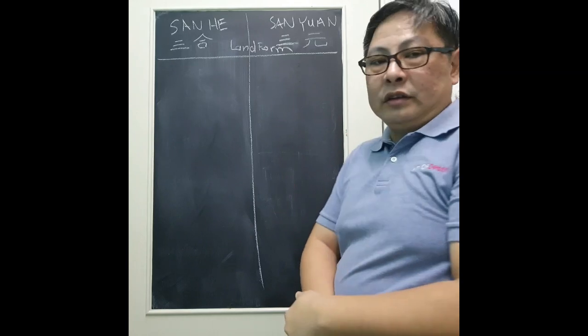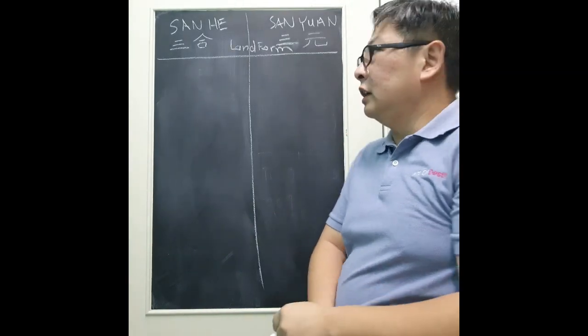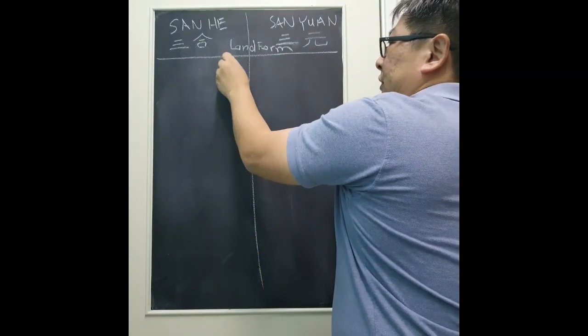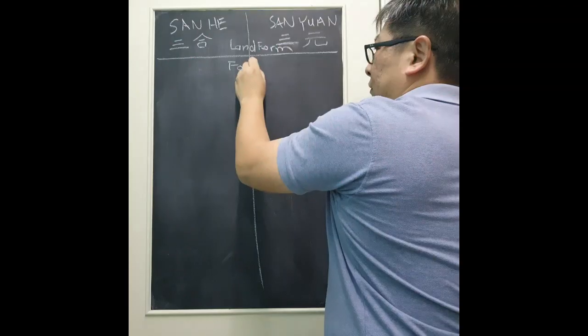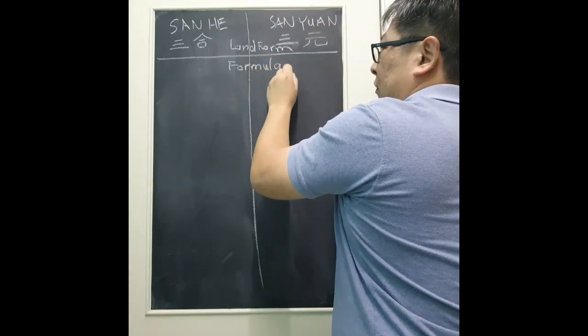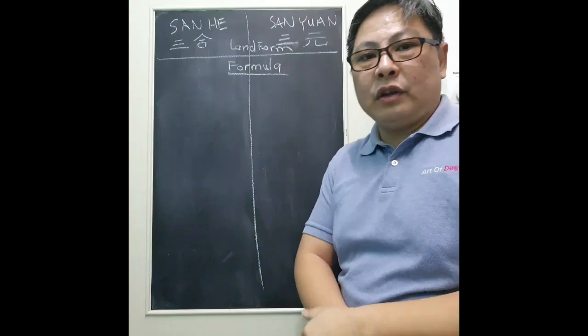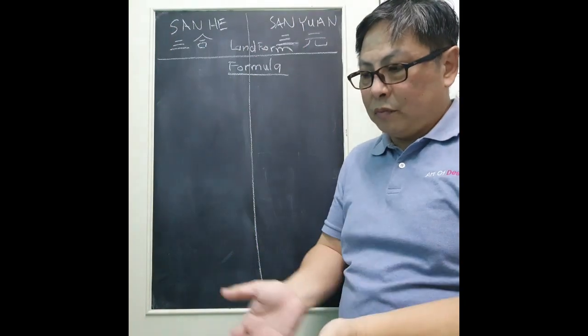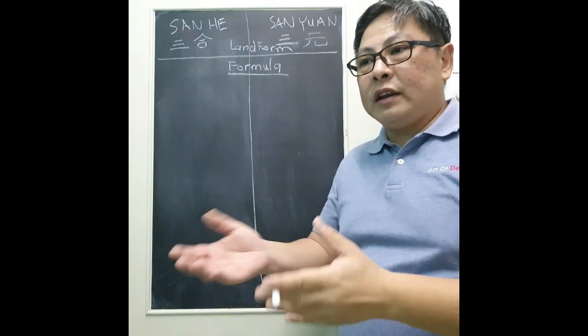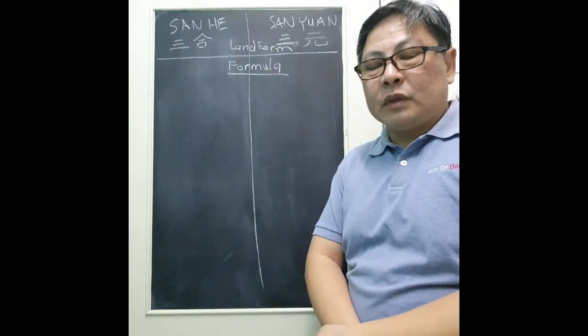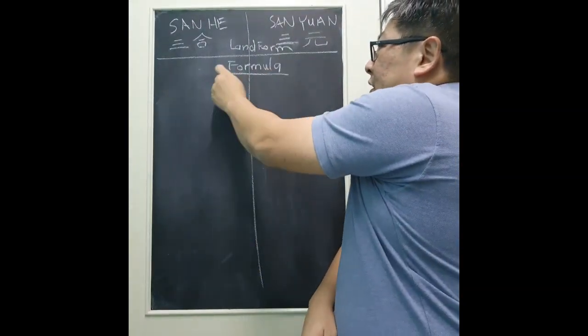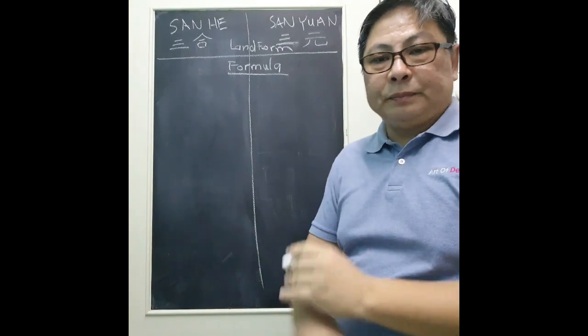Where they differ a lot is in the formulas. Therefore, if you look at the San Yuan and the Sangha luo pan, the geomancy compass, you can find that most of the rings are very different, because that's where they differ.